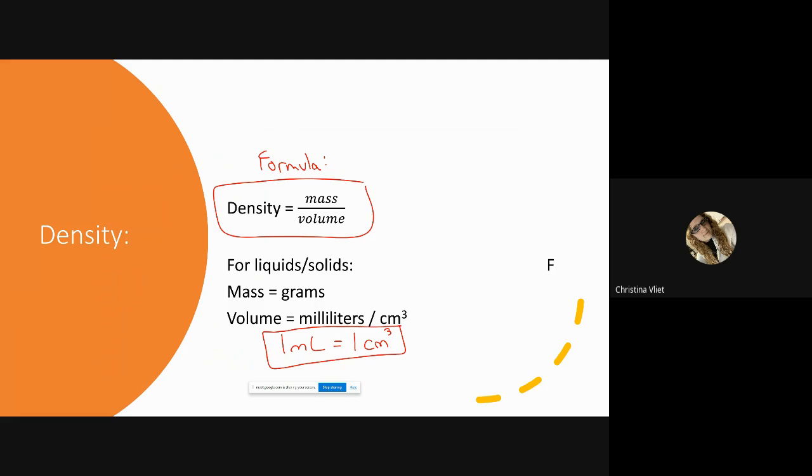And so what density describes, while I'm waiting, is how heavy an object is. If you have your phone versus a piece of paper, can you figure out which one's heavier? It's going to be your phone. Every object has inherent density. When you compare water to other objects, for example, if you take a metal like a penny or a nickel and you throw it in water, would it sink or float?